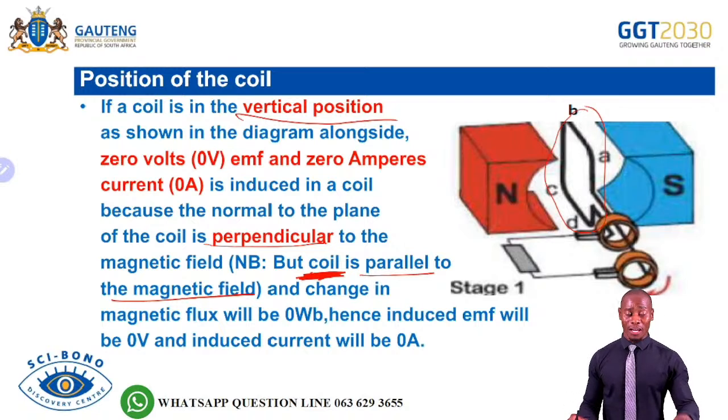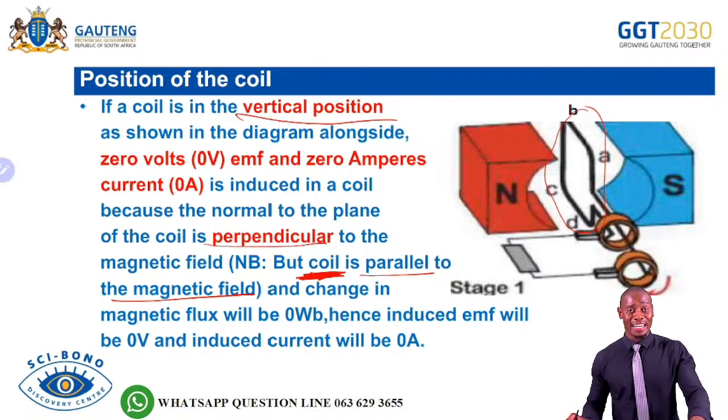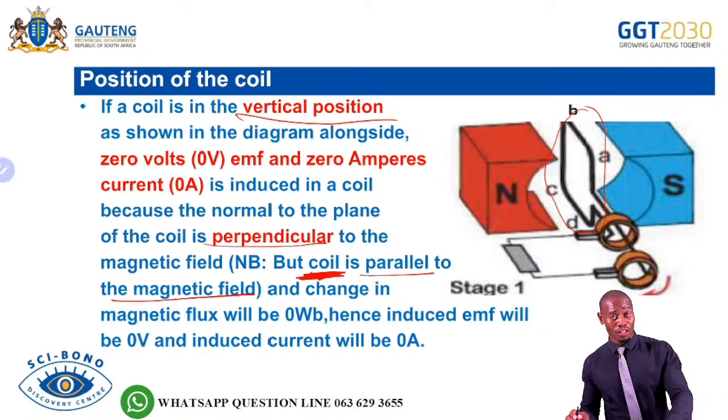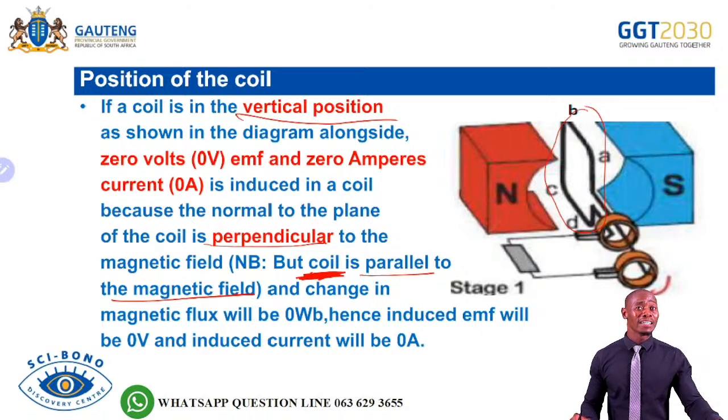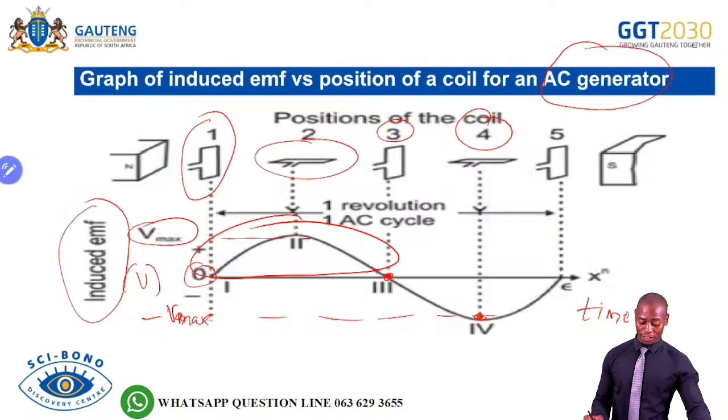If it was the normal to the plane relative to the magnetic field, it would be perpendicular. So please be careful when they ask questions. Check whether they're talking about the normal of the coil relative to the magnetic field, or the coil relative to the magnetic field. If it is the normal, we choose perpendicular, but if it is the coil relative to the magnetic field, we choose parallel. So the correct answer here will be parallel. Please be careful when it comes to that.